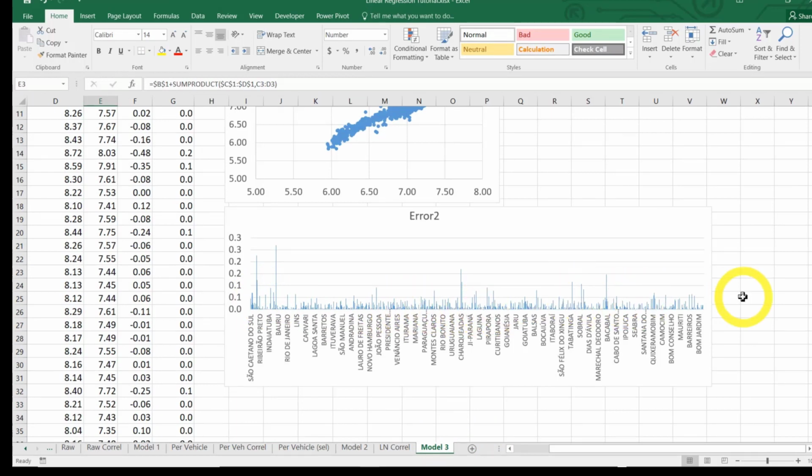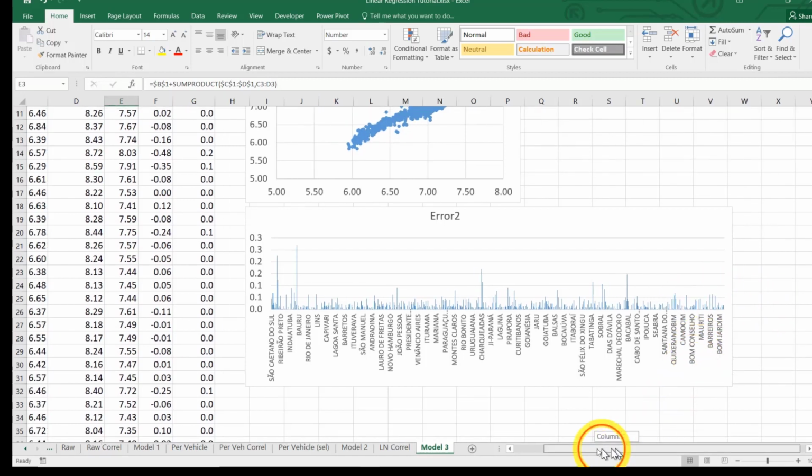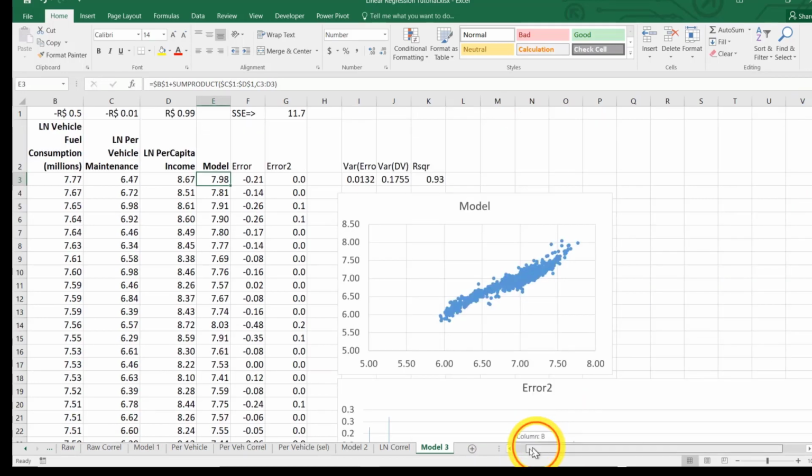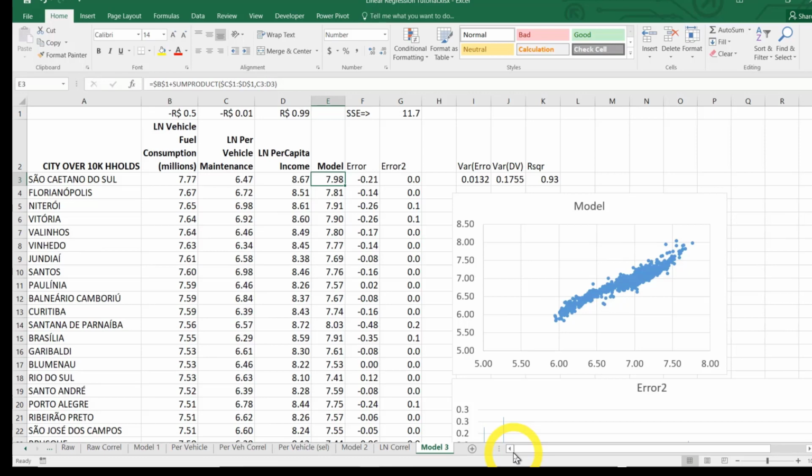And that's the solution for heteroscedasticity. You want to have the observations be in the same order of magnitude. And a simple way to accomplish that is by taking logs. And that's our solution for heteroscedasticity.